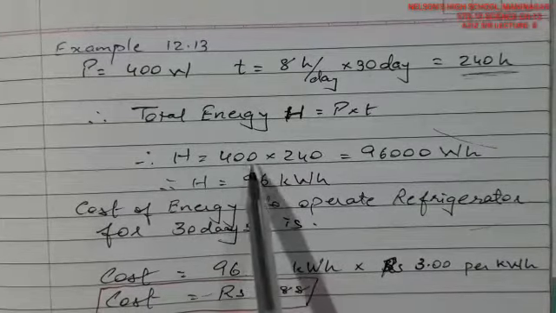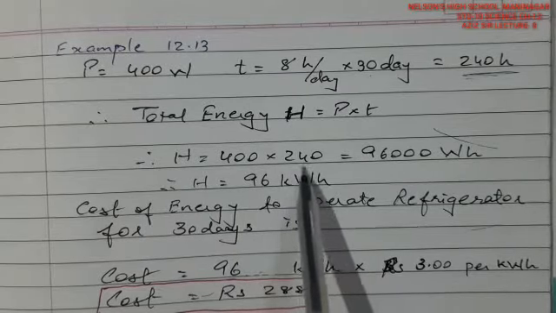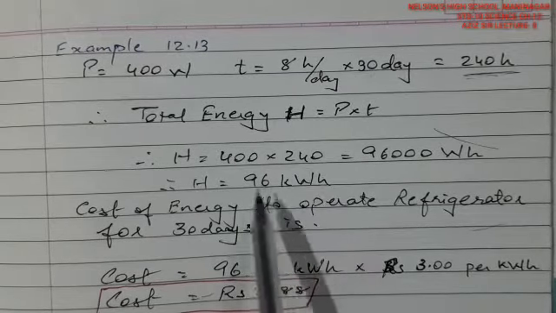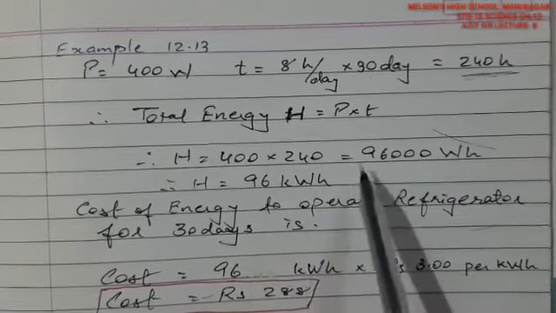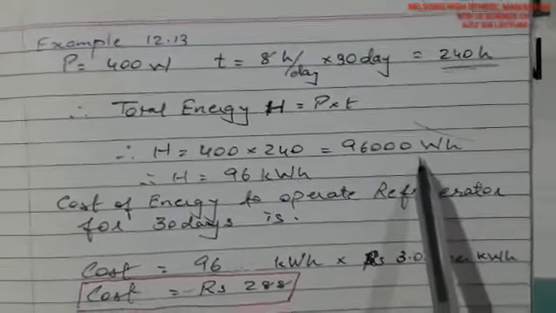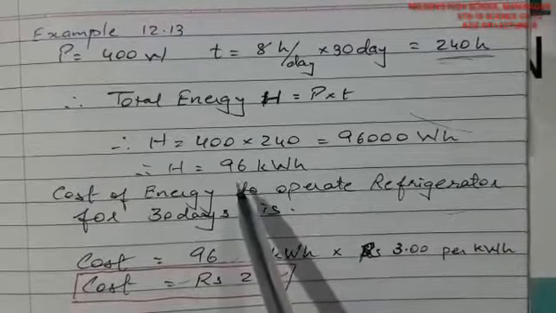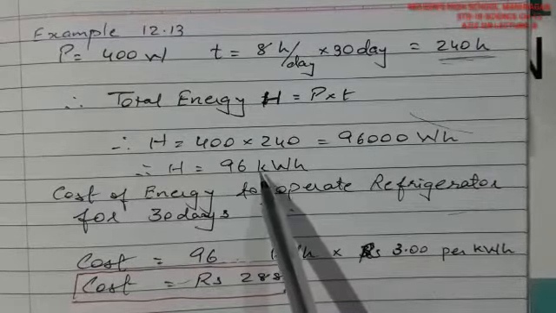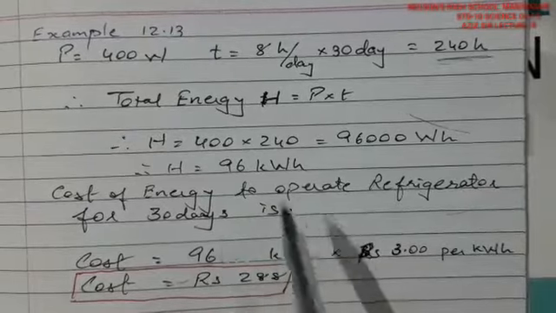So power is 400 and total number of hours is 240, right? So power multiplied by time turns out to be 96000 watt hour. Dividing by 1000, it turns out to be 96 kilowatt hour.